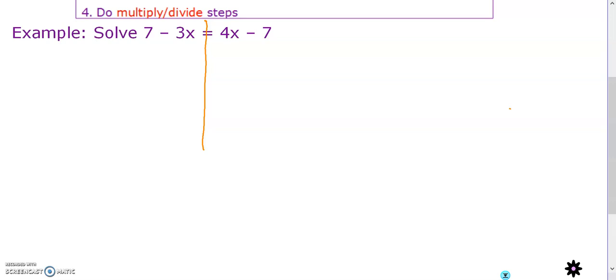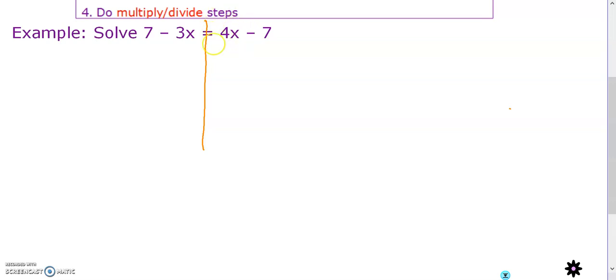It says go ahead and make a collection of all your variables. So I'm going to practice moving all of my variables from the right side to the left side, and I'm going to be consistent with that each and every time. You can choose to move whichever variable you want, but I'm going to show you always moving the right side variable over to the left.